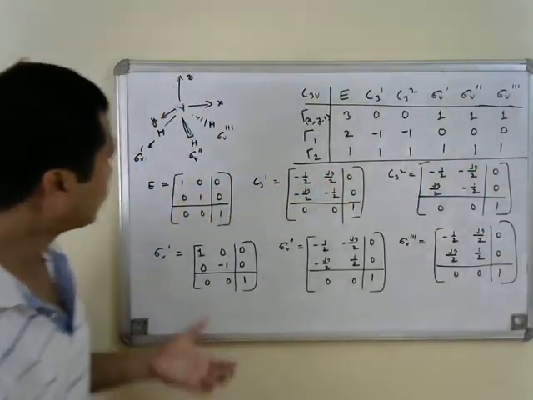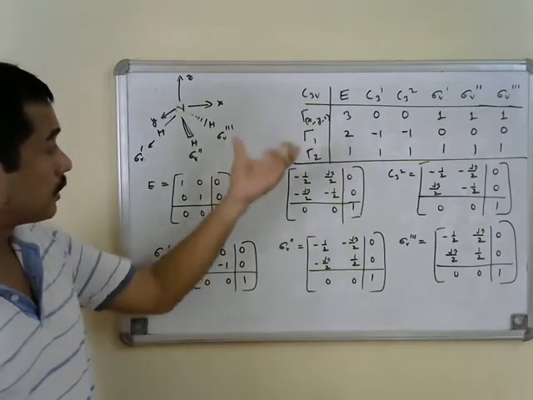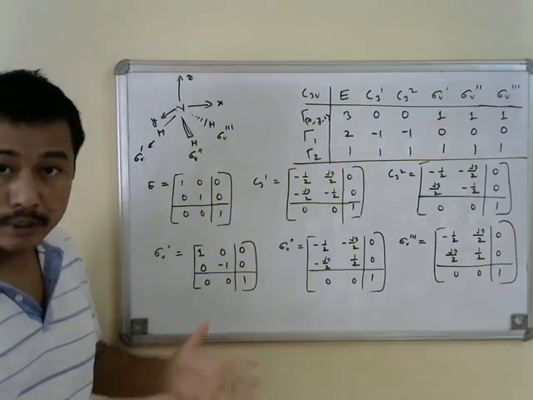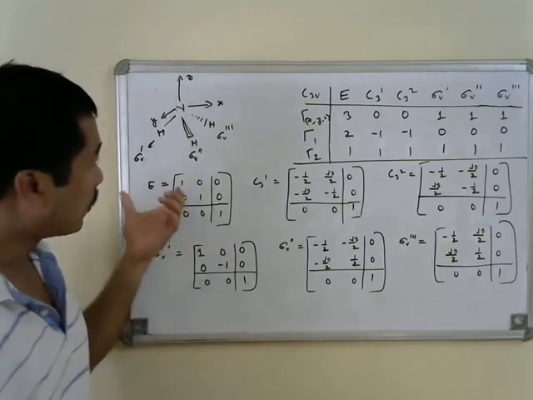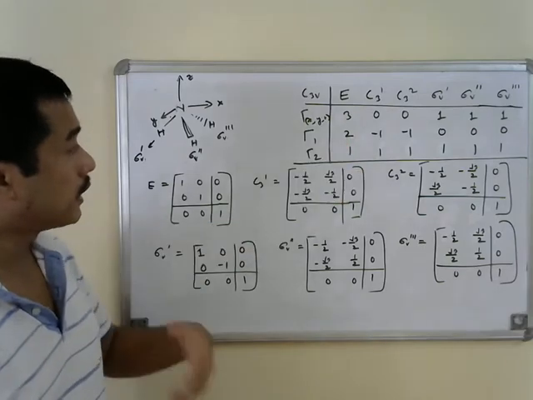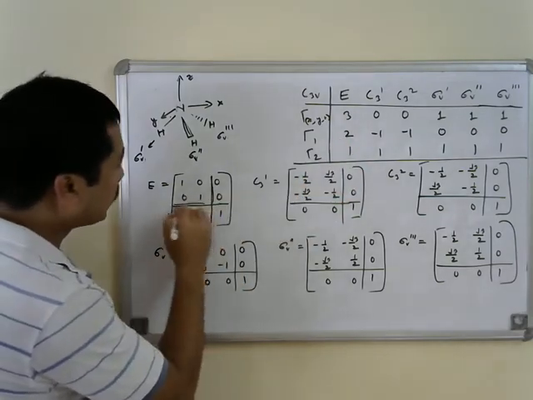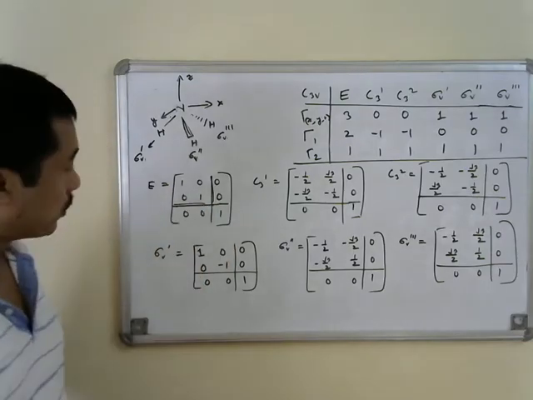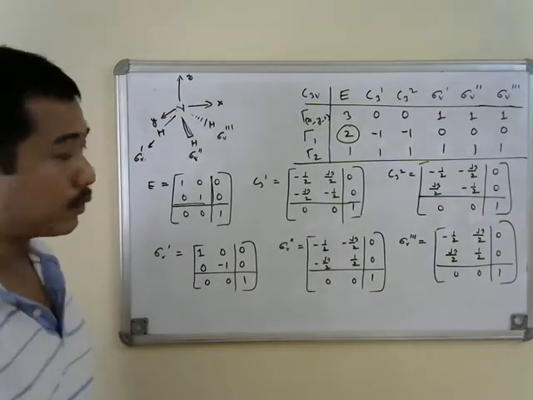So what we see is that the matrix representation we obtained for gamma xyz can be reduced into two irreducible representations here. One is a two-dimensional representation, because the matrices here are two-dimensional. You see that two rows and two columns are there, and that is why the character of the identity matrix here is equal to 2.